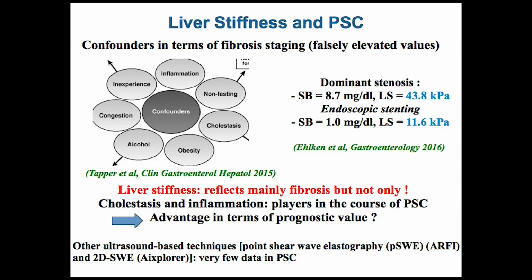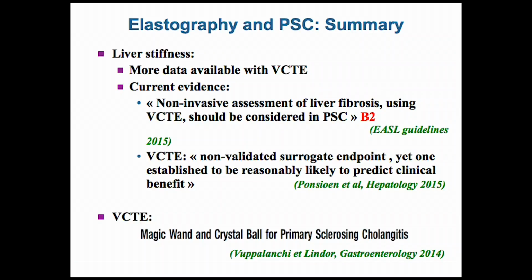And among these confounders, I want to focus, as already mentioned by Gideon, on inflammation and cholestasis, and especially on dominant stenosis with mild cholestasis, and it's a major issue in PSC, and it has been shown that successful stenting of dominant stenosis may induce a dramatic decrease in liver stiffness.